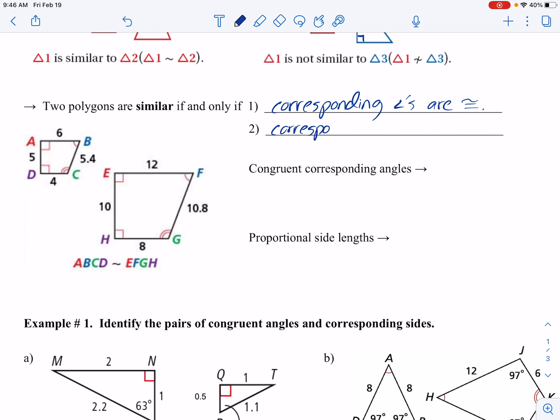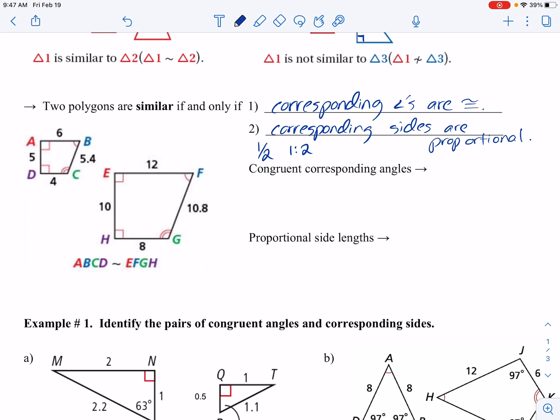Corresponding side lengths are proportional. Okay, and proportional meaning 1 to 2 is a proportion, or 1 to 2 written like this, where one triangle has a side length of 1, its corresponding side length is 2.